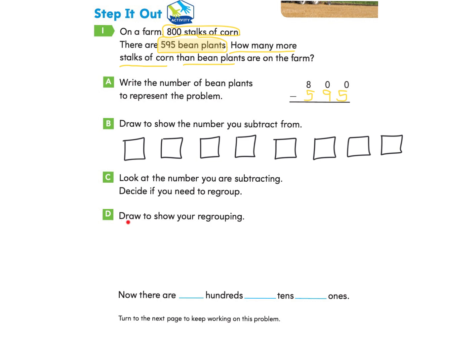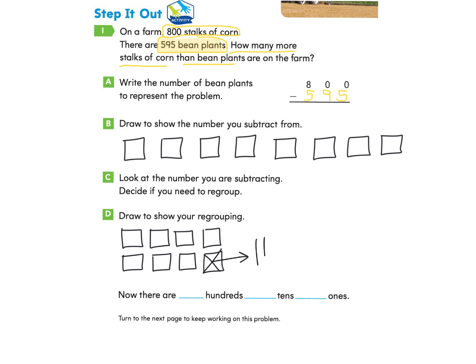Part D asks us to draw to show your regrouping. So I'm going to take the 800 that we have here, and I'm going to draw that here. And then, just like we've done in the past, I'm going to take one of those hundreds, cross it out, and regroup it into 10 tens. 6, 7, 8, 9, 10.